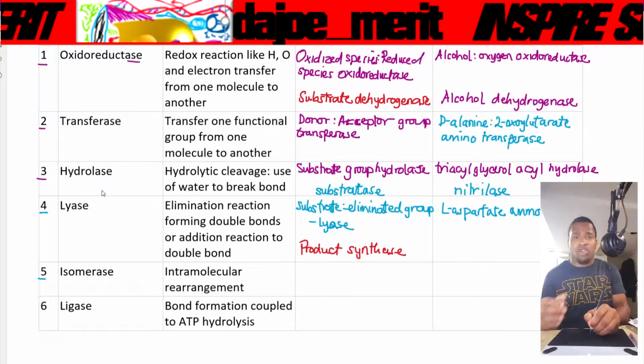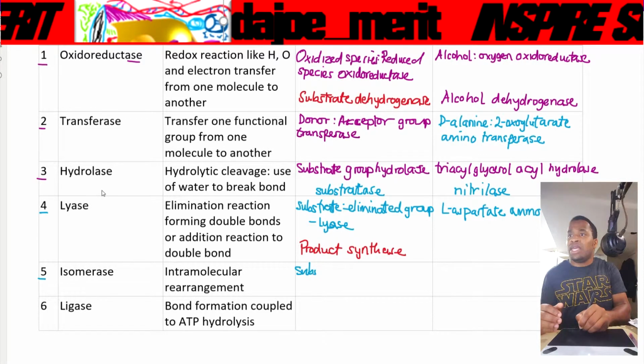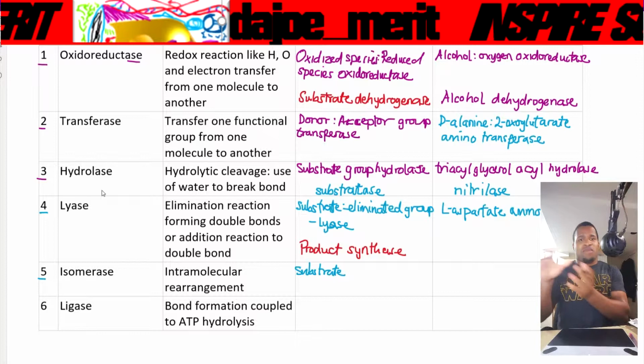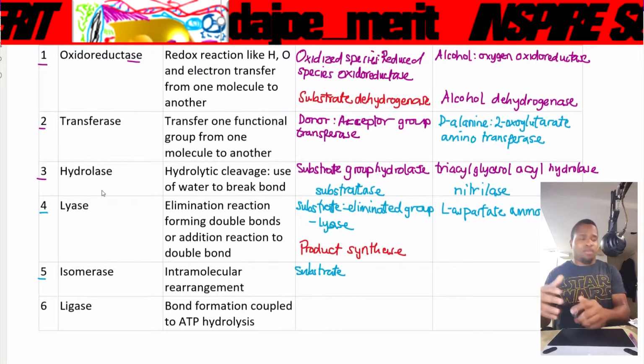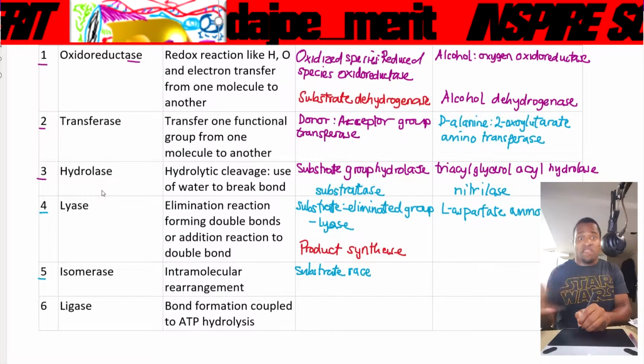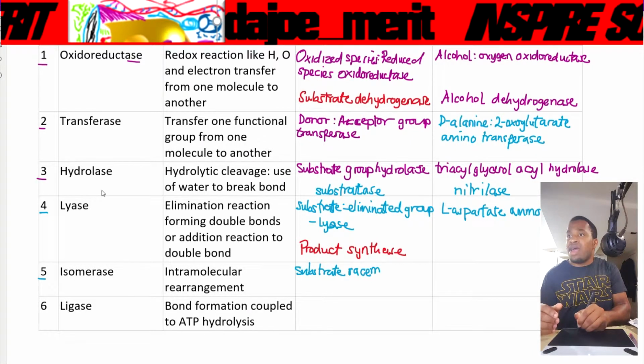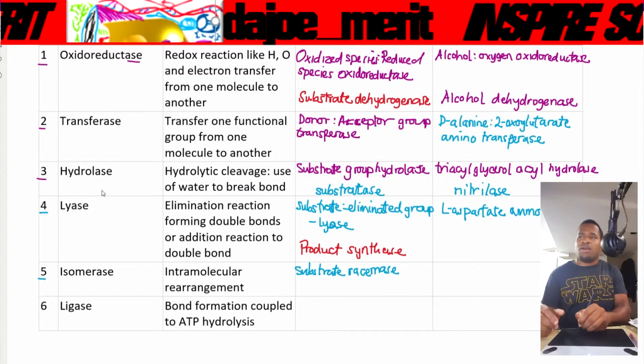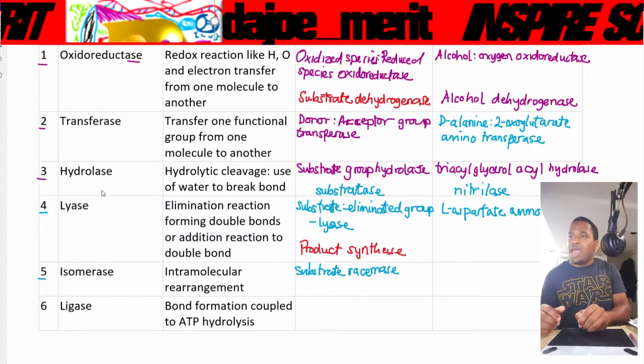Like for example, you can actually call your substrate to actually be either going into a specific form of an isomer, which is called a racemic structure, but this is caused by a racemase. Another one is epimerase.